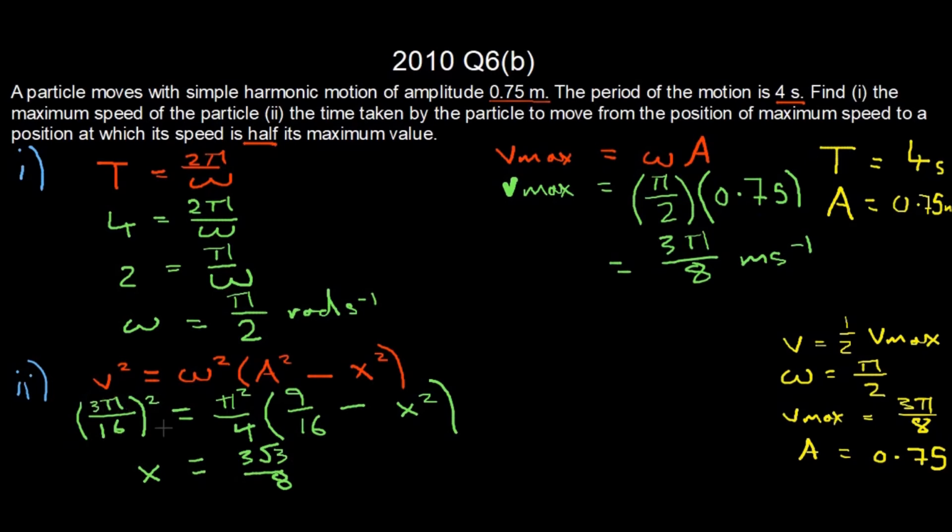If you look here, there's only one variable in this, which is x. So all you have here is a bit of algebra. You're going to square 3 pi over 16. You're going to divide both sides by pi squared over 4. Then you're going to subtract 9 over 16 from this side of the equation. And you're going to divide both sides by minus 1. Then you're going to square root both sides to get x is equal to 3 root 3 over 8.